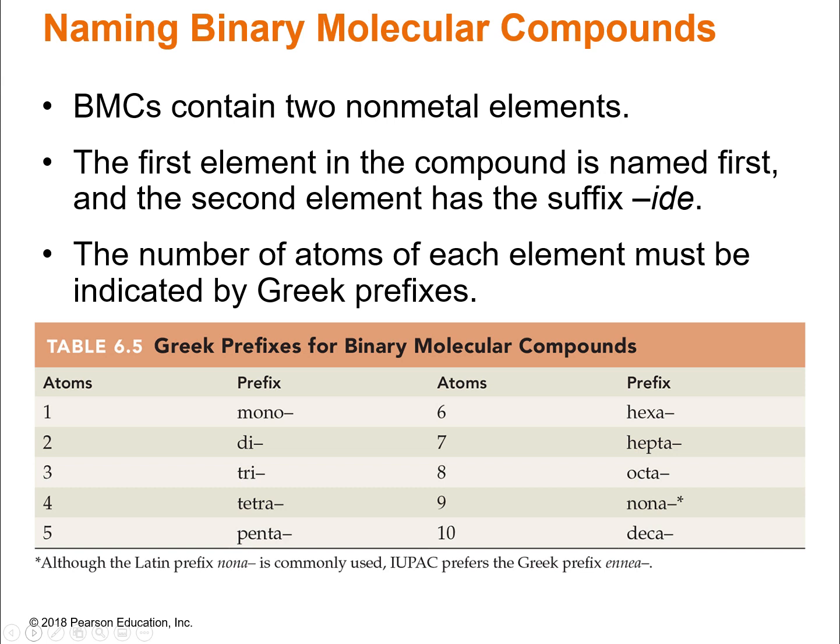Just as a reminder, the binary molecular compounds have 2 nonmetal elements in them. The first element in the compound is named first. And we use Greek prefixes to tell how many of each element we have. Let's say that this was our compound.